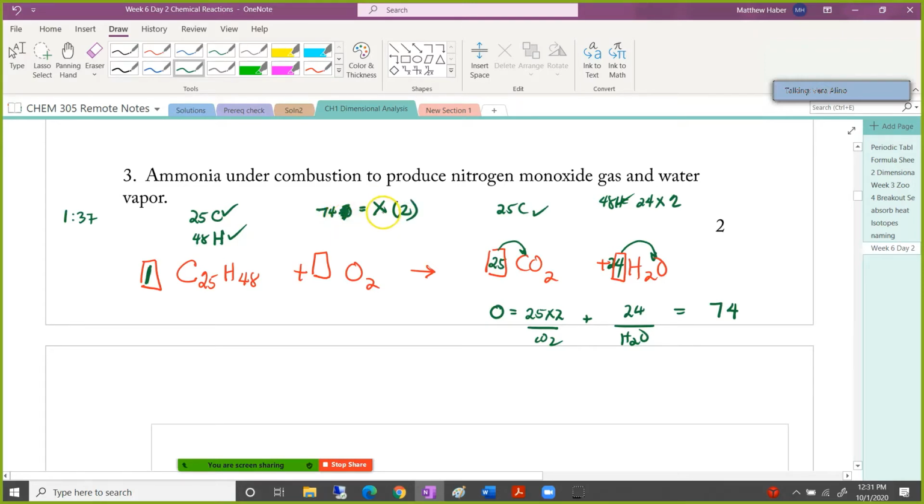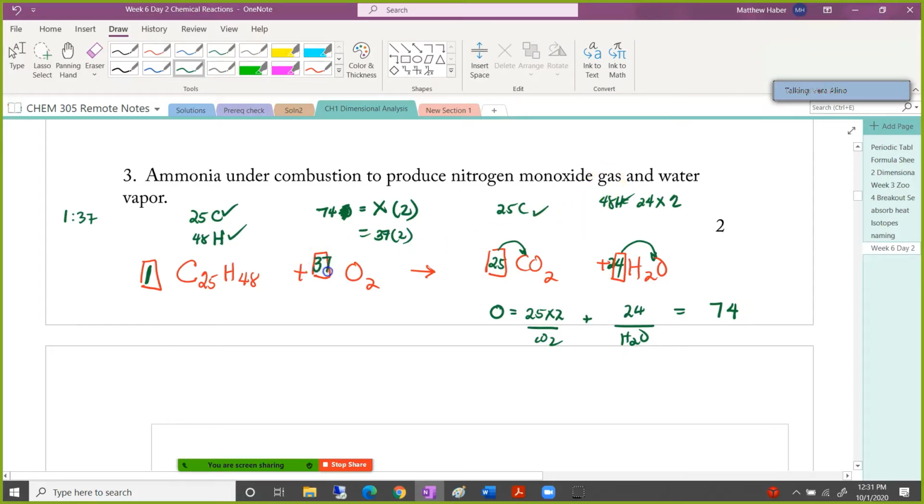So I've just created an algebraic equation, right? So x would therefore be 37, right? Times 2, right? I was hoping someone would interject. 37, yes, 37 times 2 will give you 74. So correct.